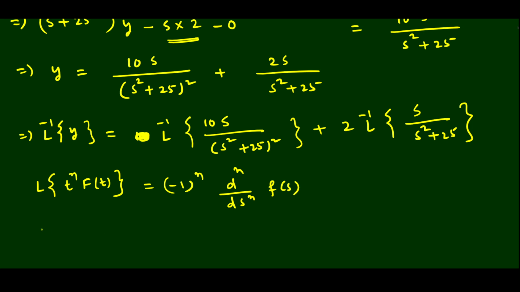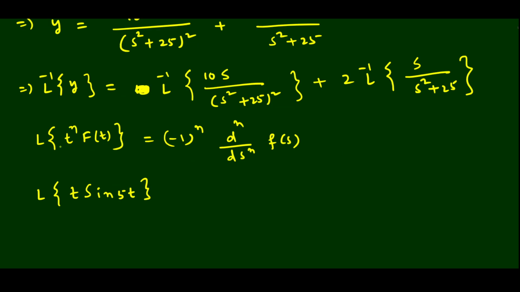Exactly the same formula we are going to use for the first term. So suppose Laplace transformation of t into sine 5t. If we compare this formula with this one, the right hand side will be minus 1 to the power 1, then d by ds, where n is 1, of small f of s.